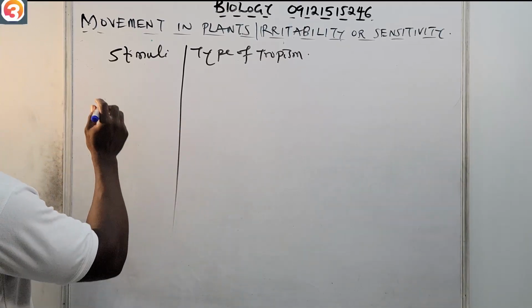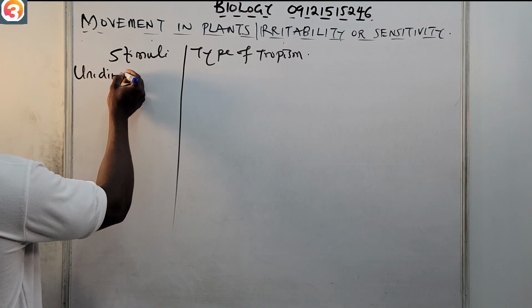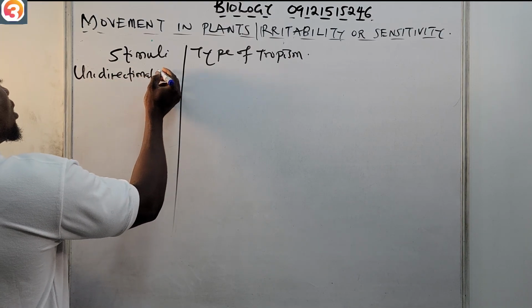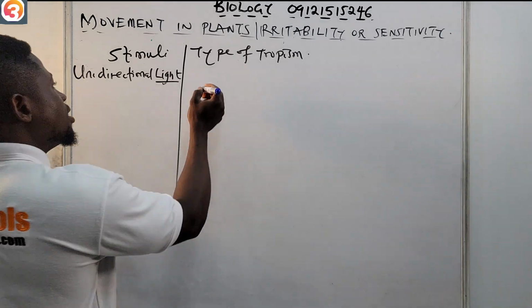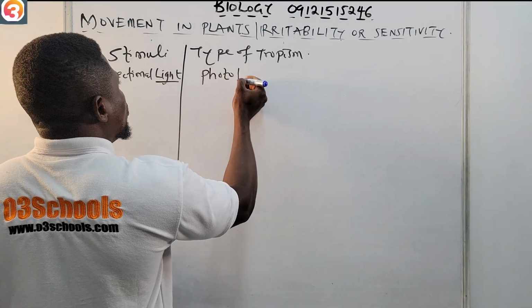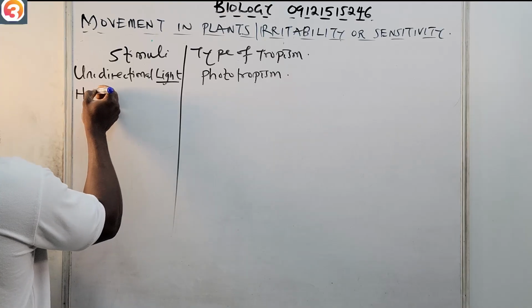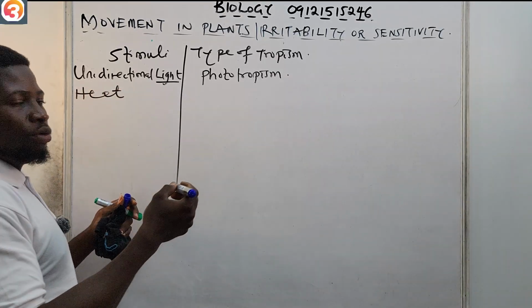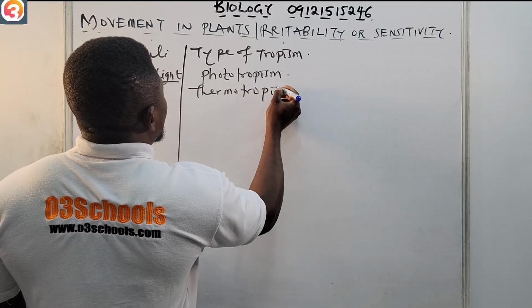Number one, if the stimulus is unidirectional light, since it's light, it has to be photo. That will be phototropism. If it is caused by heat, that is thermo. That will be thermotropism.